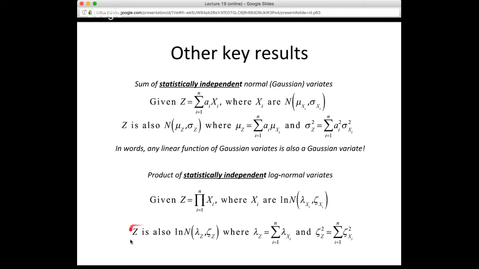The theory basically shows us that the random variable z is also log normally distributed with these new parameters lambda z and zeta z. And lambda z, furthermore, is just the sum over all of the individual lambda xi's, and the corresponding variance of the log transformed values, which is what that zeta means, zeta z squared, is just the sum of the variances of the individual xi's.